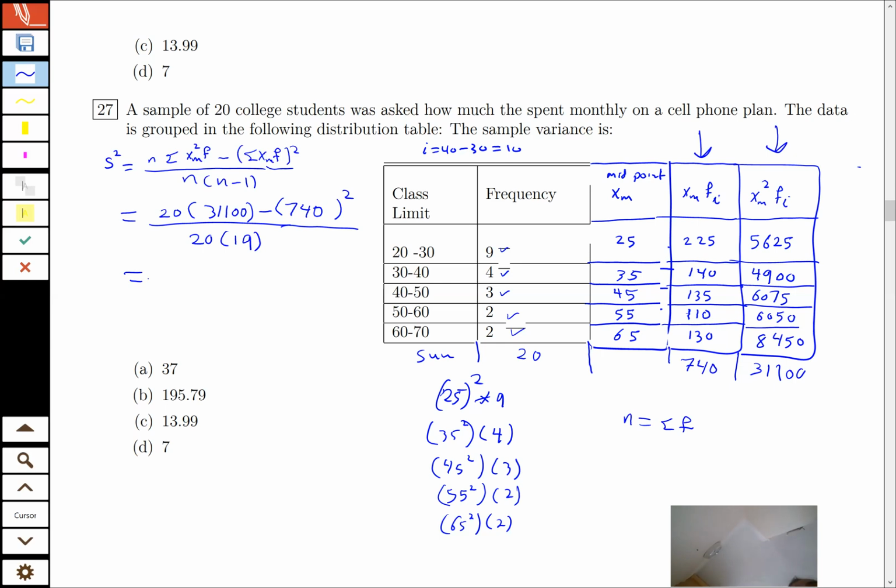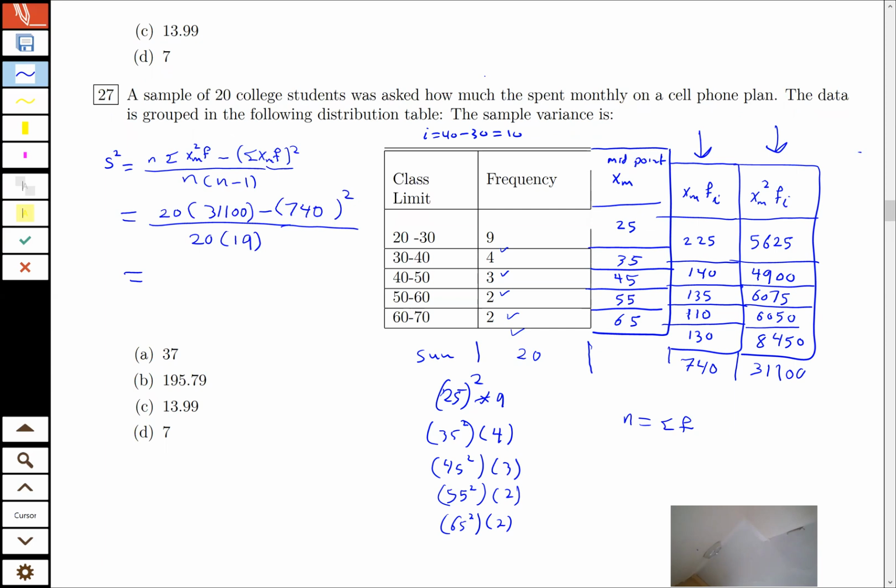That will be equal to, if we put it in the calculator, 20 times 31100 minus 740 squared, divided by 20 times 19, and in the calculator you will get 195.789473.